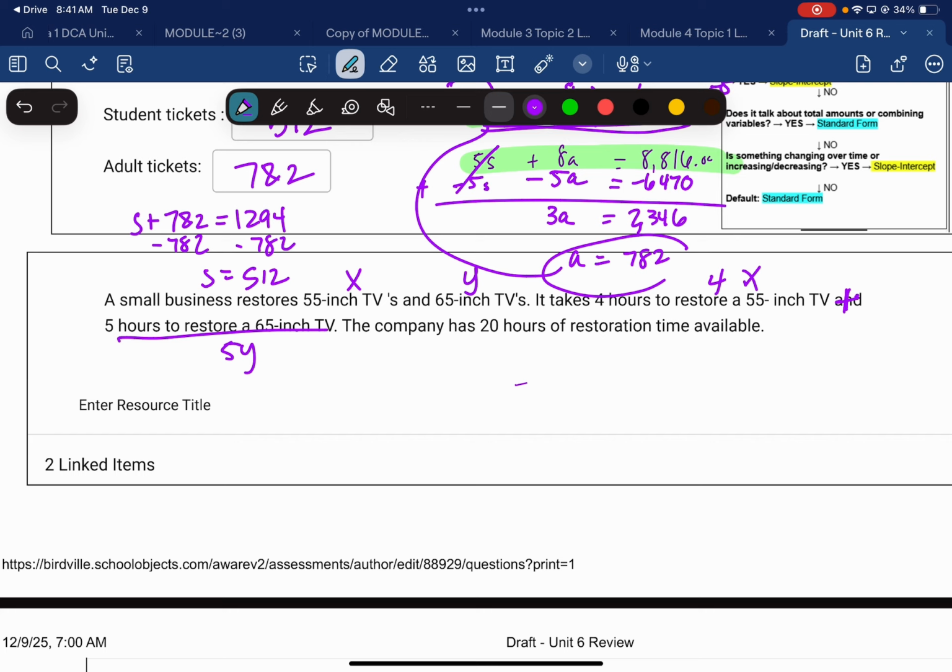This means they can't go over the 20 hours, right? So that's the max that they have. Max hours, max. Okay, so that means we have 4X plus 5Y, right? This right here has to be equal to or less than 20 hours because the company can't do more than that.